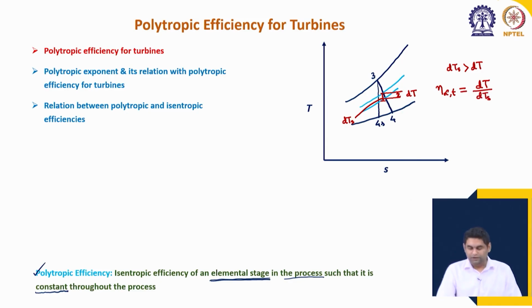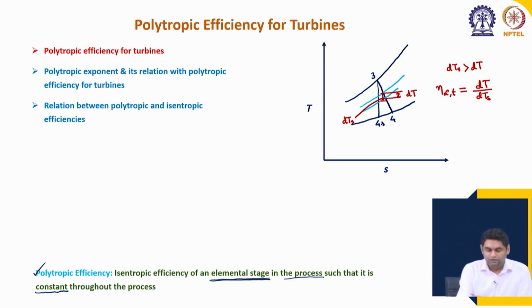Here it is dT by dTs, because dTs is larger than dT. So, this is how we define it, and it is seen that it remains constant throughout the process irrespective of the pressure ratio. Now how do we relate it to known quantities like temperature and pressure, like in the previous case?